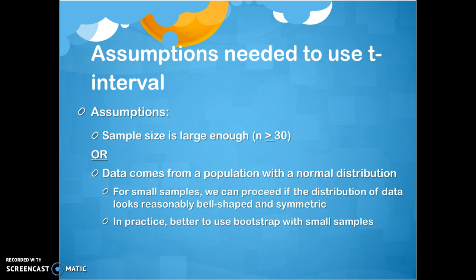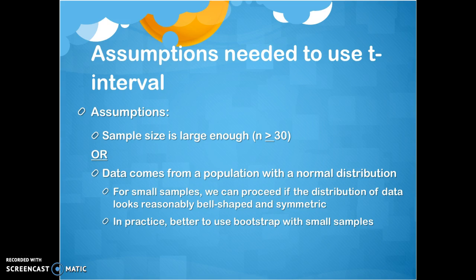And how do we know if the underlying population is normally distributed? Well, we generally don't, but if the data are normally distributed, then that's a pretty good sign that the population is probably normally distributed. So we either say our sample size is greater than 30, or our data are clearly normally distributed. That's why we look at and describe data before we do anything.